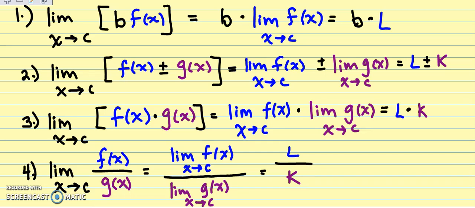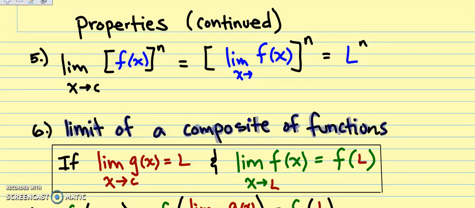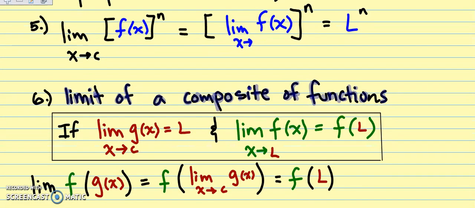But I want you to just copy these properties down for the record, for your notes, and then we'll look at examples. They look harder than they really are. Once we put it to practice, you'll see that it's really easy.